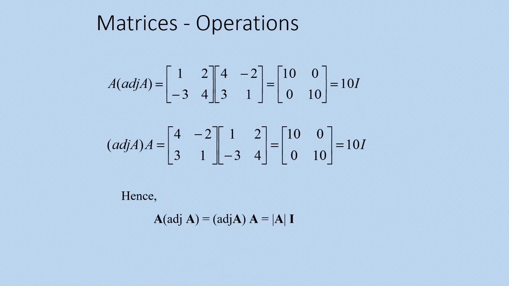A times adjoint A is equal to this multiplied by this, which is this, that is equal to 10I, 10 times the unit matrix. Adjoint matrix A times A is equal to this multiplied by this, which is this, that is equal to 10I, 10 times the unit matrix. Hence, A times adjoint matrix A is equal to adjoint matrix A times A, which is equal to determinant A times I, where I is the unit or identity matrix.